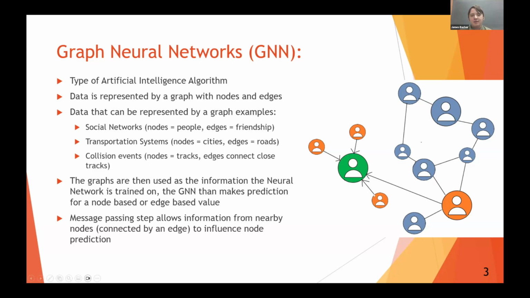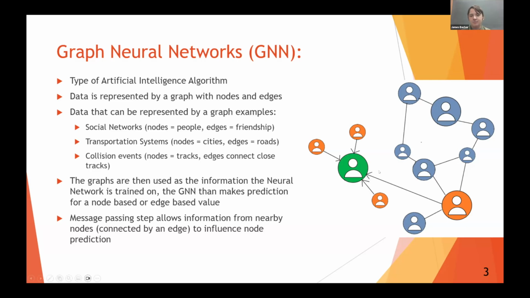What we did in our model is represent the tracks as the nodes of our graph, and the edges connect tracks that are close to each other in the z dimension. So tracks that hit the detector close to each other are connected by an edge, but edges by themselves don't have a physical meaning behind them. Why we connected close nodes with edges is because of the mainstay of graph neural networks, which is called message passing.